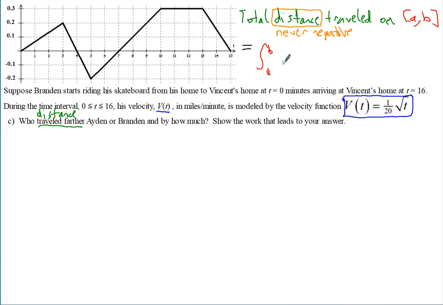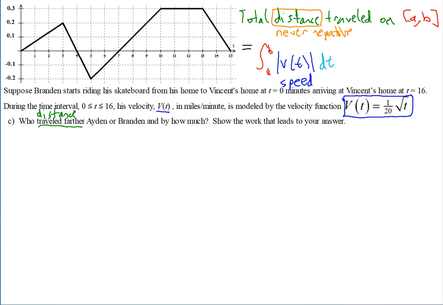We'd integrate speed, which is defined as the absolute value of velocity, because speed, like distance, is also never negative. So that's the formula we're going to use for both Brandon and Aiden. The difference is for Aiden, we have the graph of velocity, and for Brandon, we have the equation for velocity. So we're going to find the same information in two different ways here.